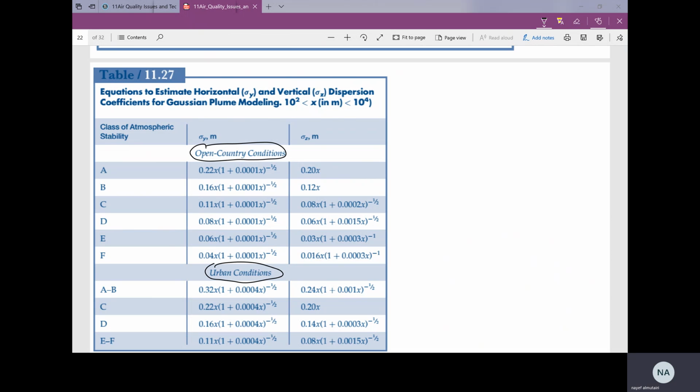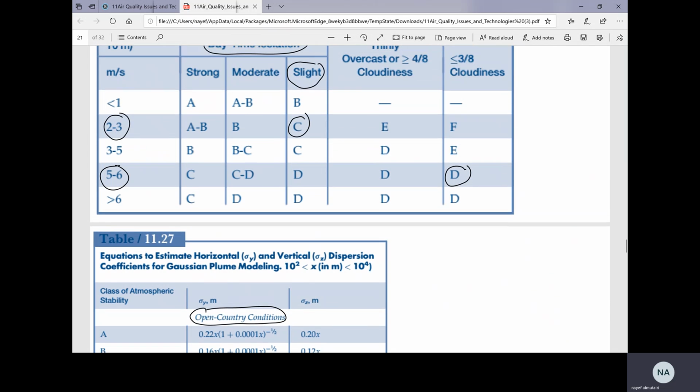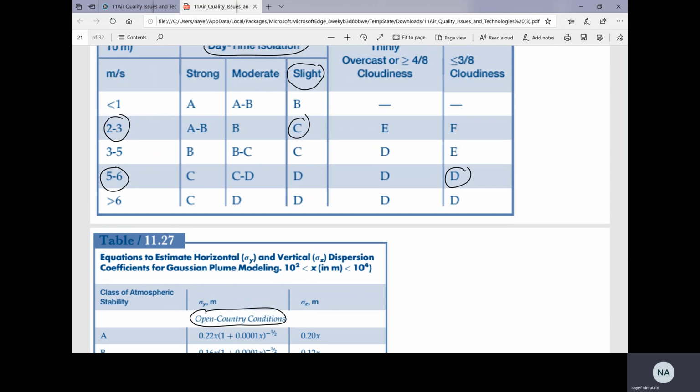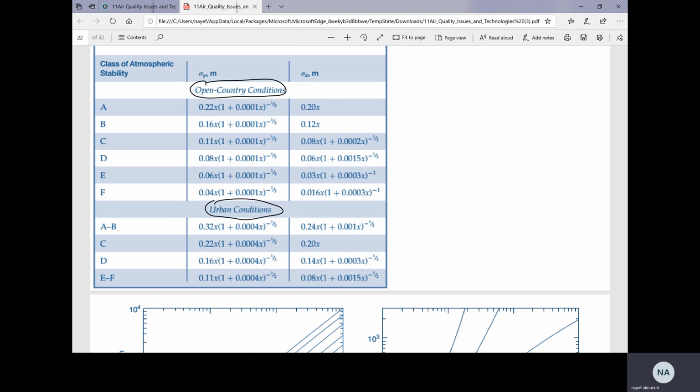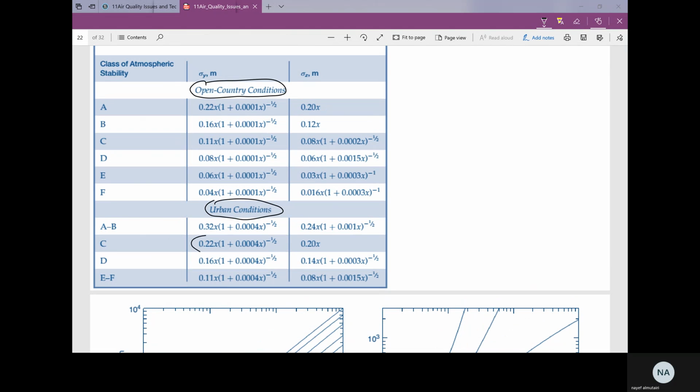So what were the classes we have? Let's take class C, and let's assume it's an urban condition. It's Khaldiya. We are in Khaldiya. Class C, so this is sigma y, and x is the distance from the chimney on the x-axis, straight line. We are not going in y, we're not going up in z, only on the x-axis.